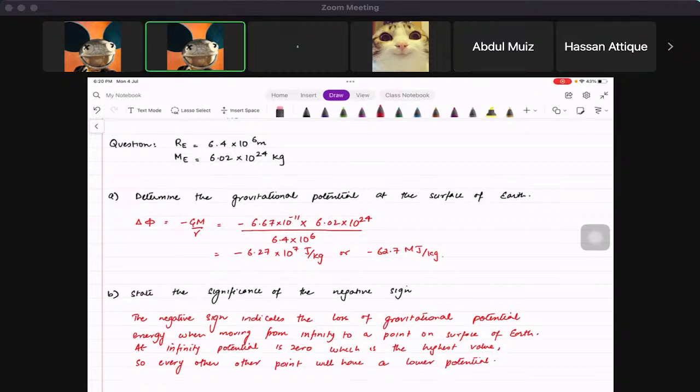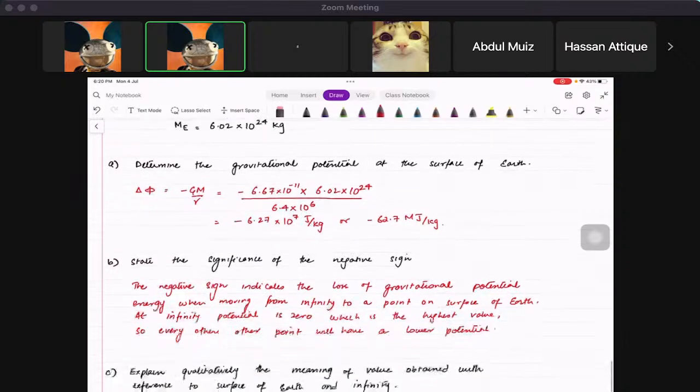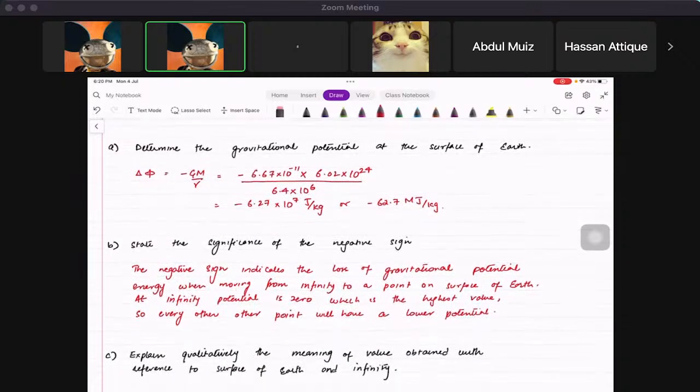Now the point is, it says explain qualitatively what is the meaning of the value obtained. The value minus 62.7 megajoules per kilogram.